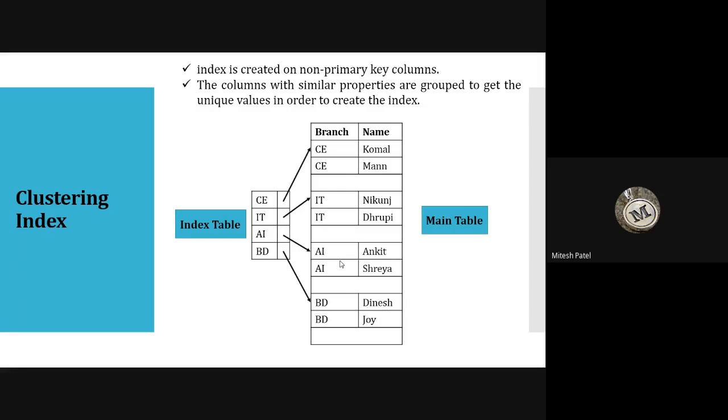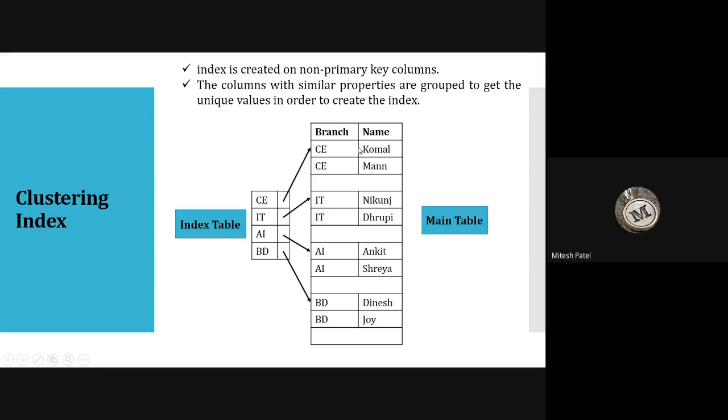For example, we have done the group by clause in the practical. Group by will group all the records having the same column value. तो यहाँ पे हमने कैसे ग्रुप क्लस्टर किया है, सी, आई टी, ए आई, बिग डेटा.